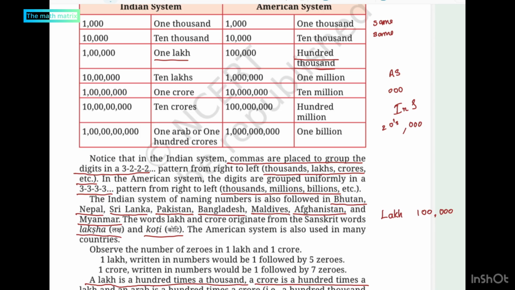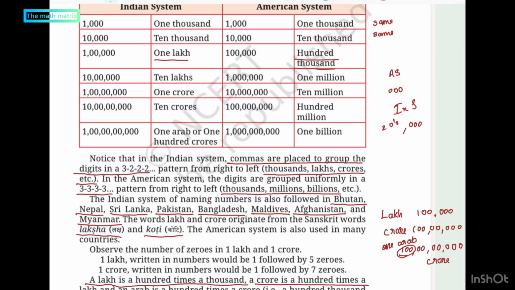Observe the number of zeros in 1 lakh and 1 crore. 1 lakh written in numbers would be 1 followed by 5 zeros, and 1 crore written in numbers would be 1 followed by 7 zeros. A lakh is 100 times 1,000.